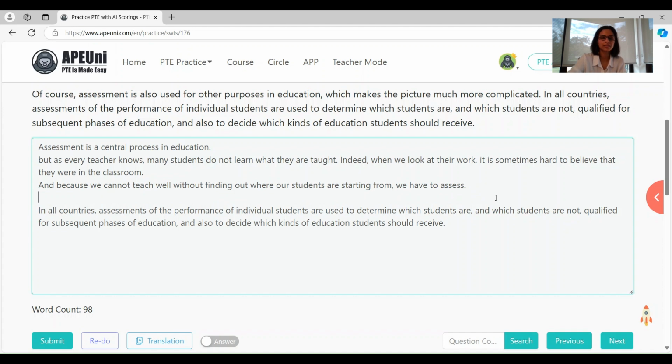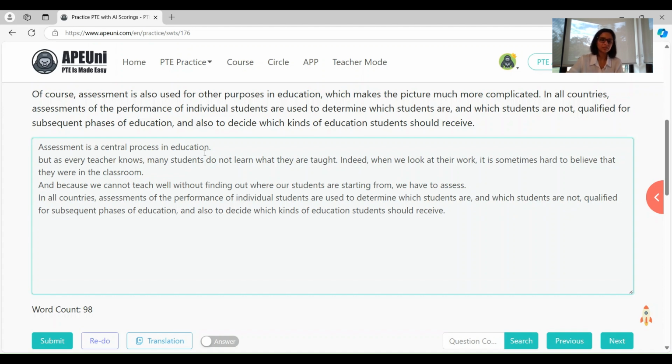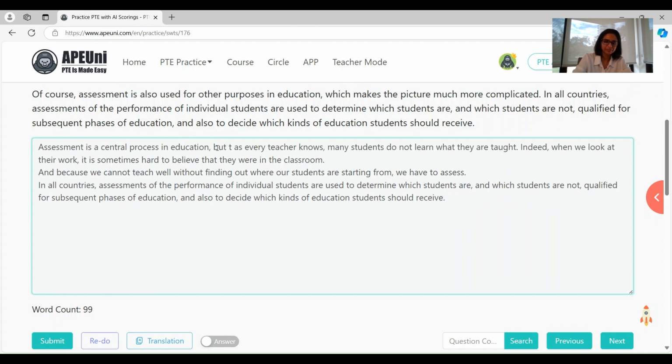Less than 100 words. Assessment is a central process in education. But as every teacher knows, many students do not learn what they are taught. Indeed, when we look at their work, it is sometimes hard to believe that they were in the classroom.